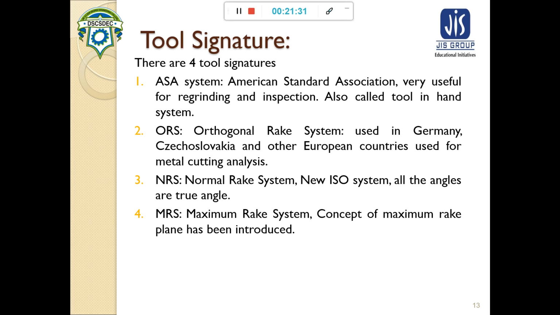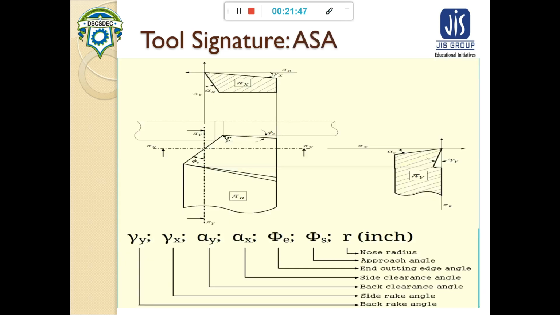In our syllabus, the systems of importance are two, that are the ASA and ORS systems, so we will study only the ASA and ORS systems. In case of the ASA system, there are three planes. ASA system is the tool in hand system, and it is also called the machine reference system.